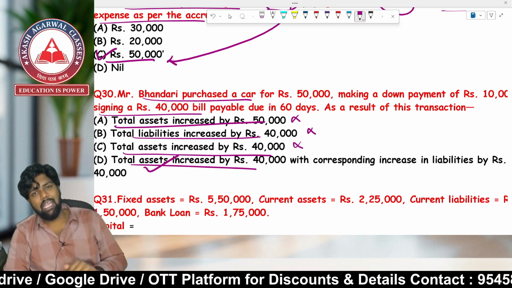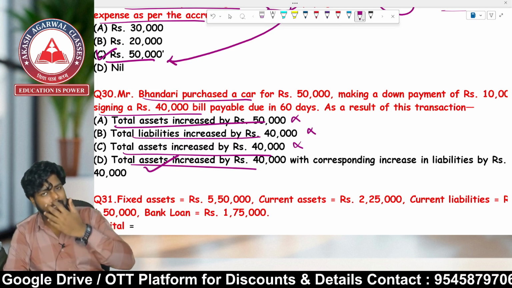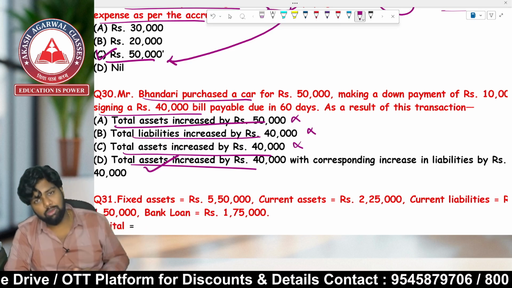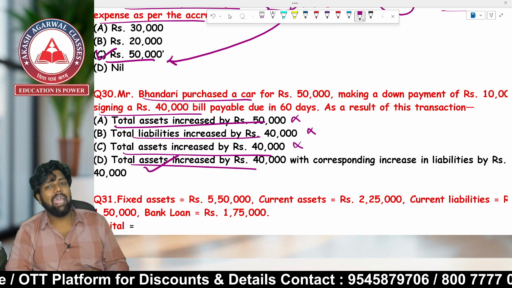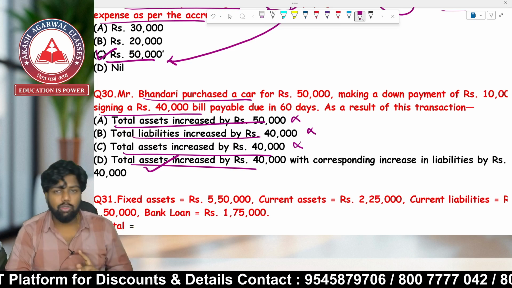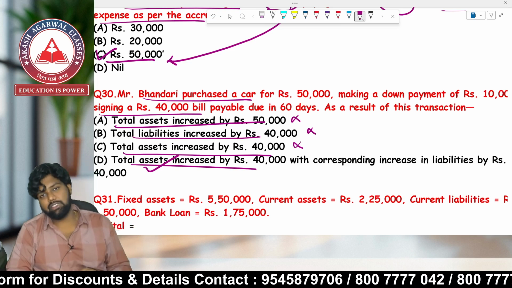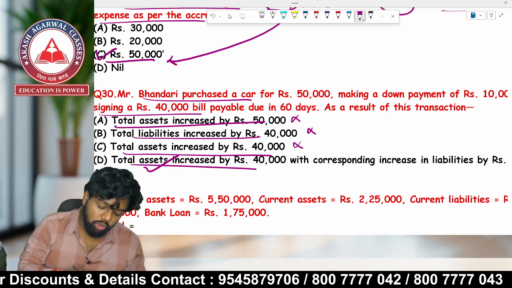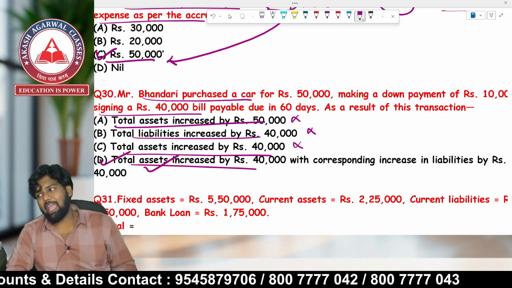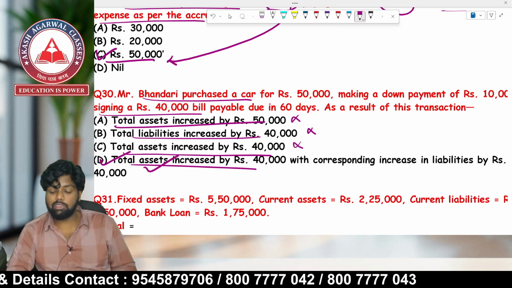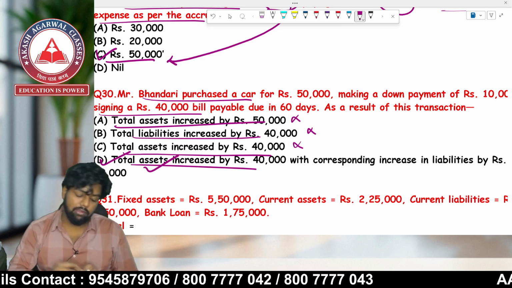I have taken an asset of 50,000 and given an asset of 10,000, so assets increase by 40,000, and I have to pay 40,000 in 60 days. It is my liability. So option D: total assets increased by 40,000 with a corresponding increase in liability by 40,000.